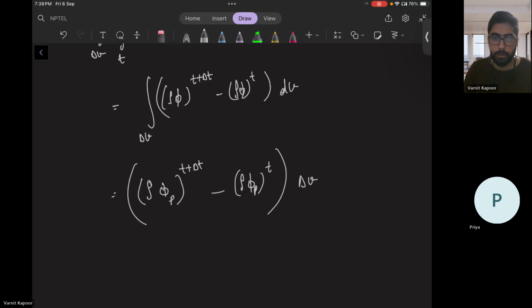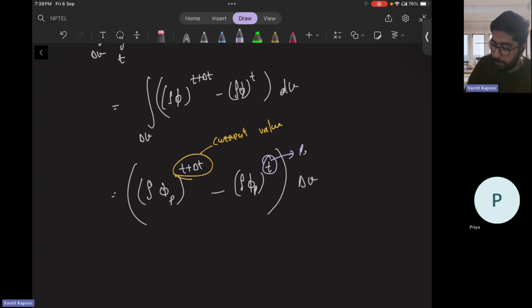That means this value is our current value, and this value is our previous time value.